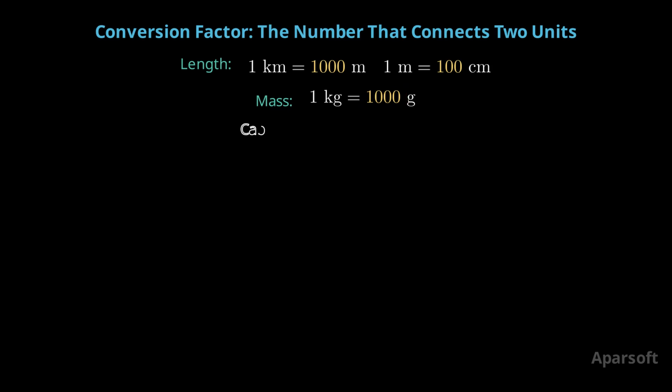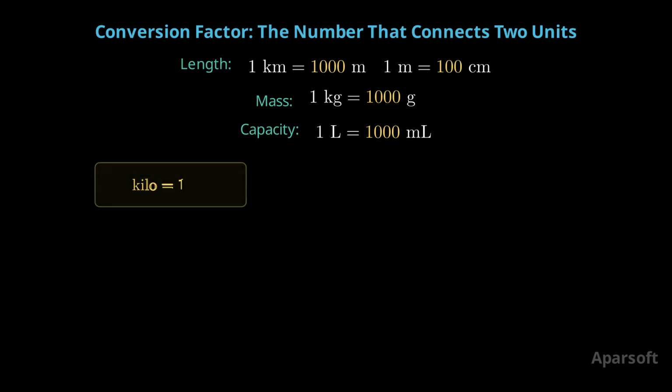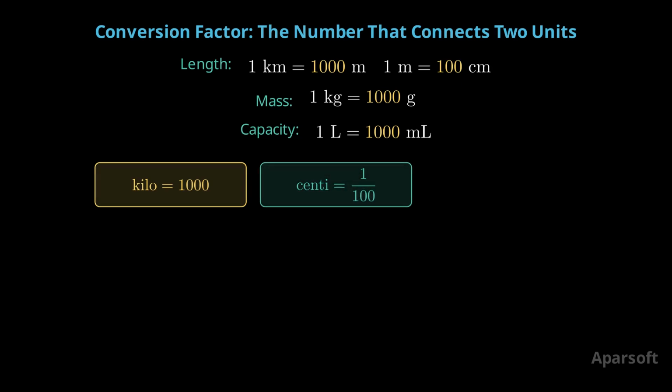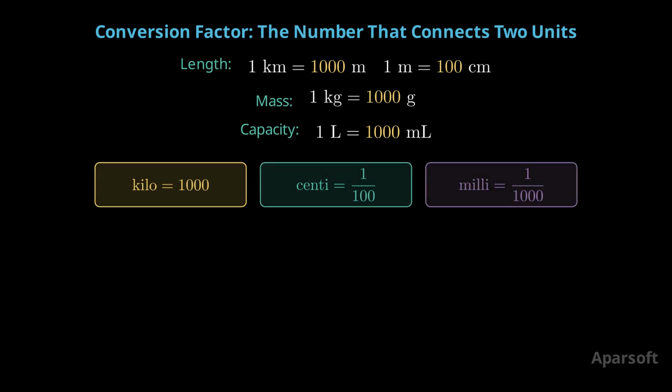For capacity, 1 liter equals 1000 milliliters. Now notice the beautiful pattern here. The metric system is built around powers of 10. The prefixes tell you the factor. Kilo means 1000, centi means 100th, and milli means 1000th. Keep these in your toolkit.